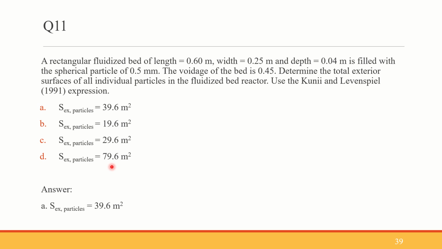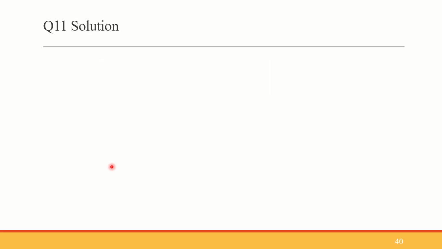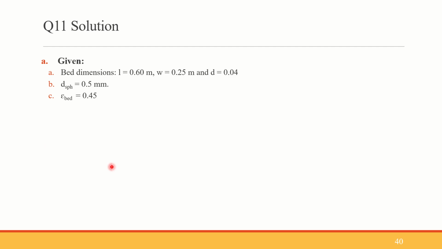So the answer is option A, that is, exterior surface of the particles is 39.6 meter square. Question 11 solution. We are given the bed dimensions: length is 0.6 meter, width is 0.25 meter and depth is 0.04 meter, diameter of the particles is 0.5 mm, epsilon bed is 0.45. We are asked to find the exterior surface of the particles, and for that we know the formula: S equals V bed into 6 into 1 minus epsilon bed divided by phi s into d, the diameter of the particle.